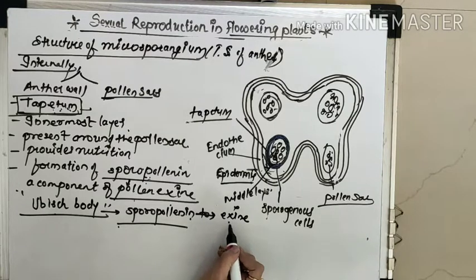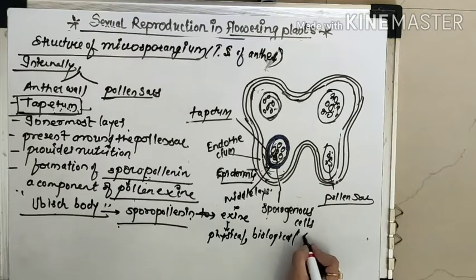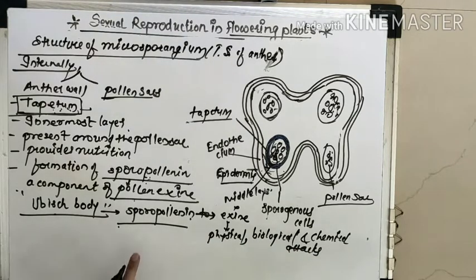Okay, because to resist physical, biological and chemical attacks. So this sporopollenin plays a significant role to fight against physical, biological and chemical attacks.